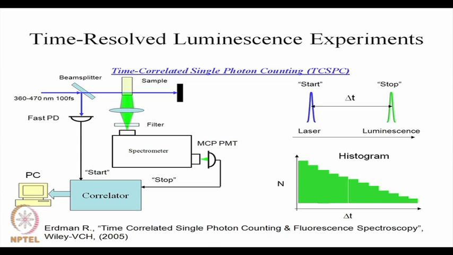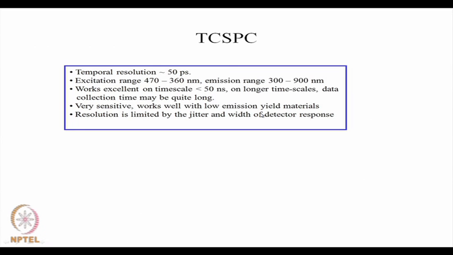It is not a single shot one, but it is a different way that you find out the correlated photons. You measure the number of correlated photons that you are getting, which is called time correlated single photon counting.